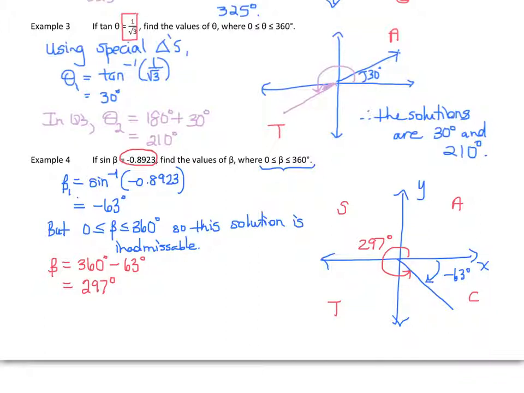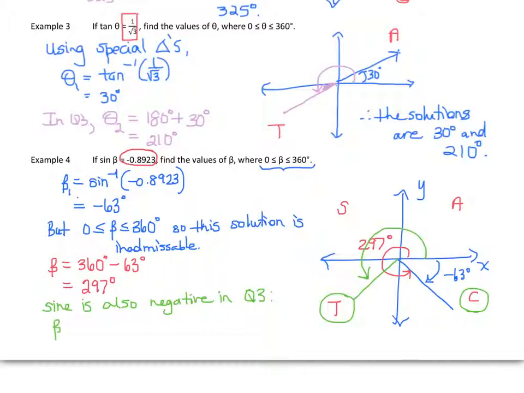So from that, we can see that the sine ratio is negative in quadrants 3 and 4. So we have our solution in quadrant 4. But we have a second solution to this question in quadrant 3, right here. So we're going to say sine is also negative in quadrant 3.